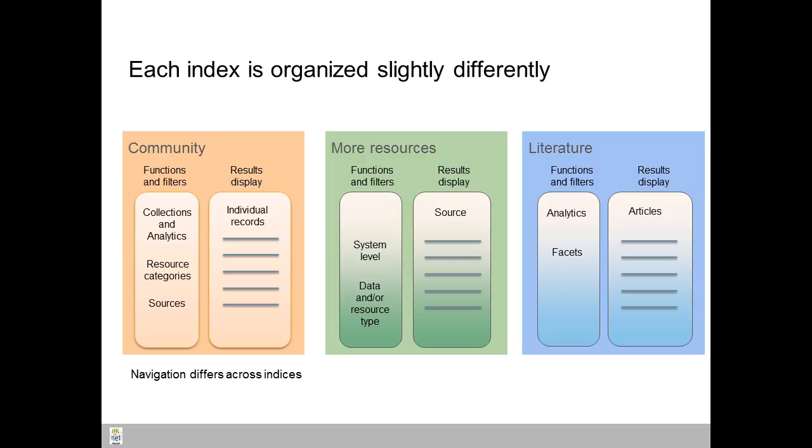that one can then filter and sort through. When one gets to more resources, this larger collection of databases, the functions and filters we provide are at a higher level, data and resource type level, and the results are displayed by source, so that you don't get swamped out by results from a single source.